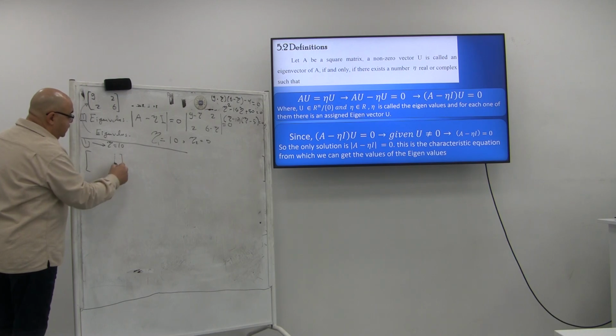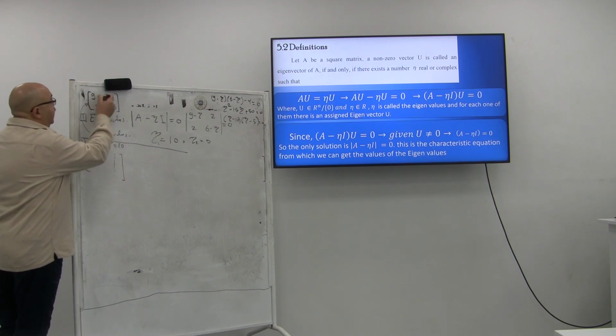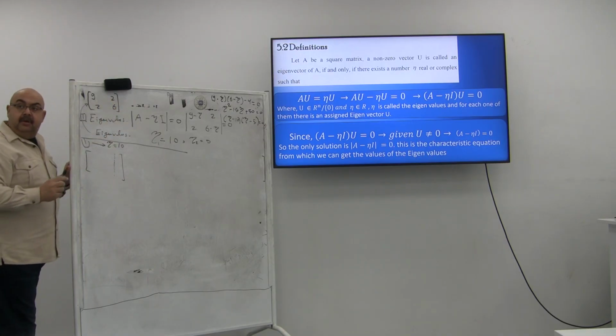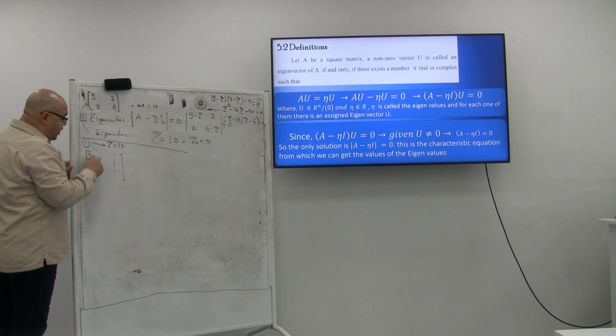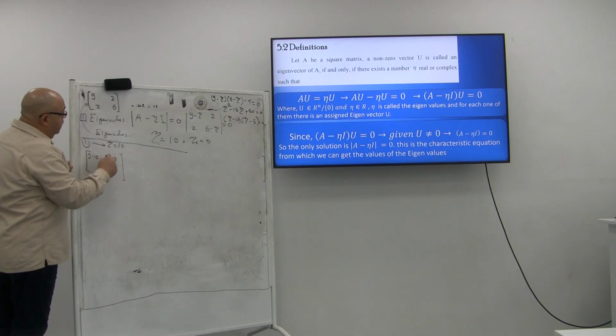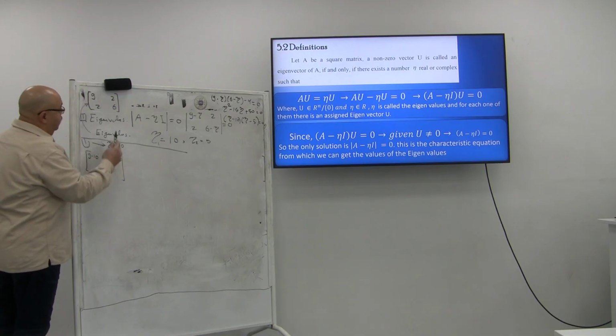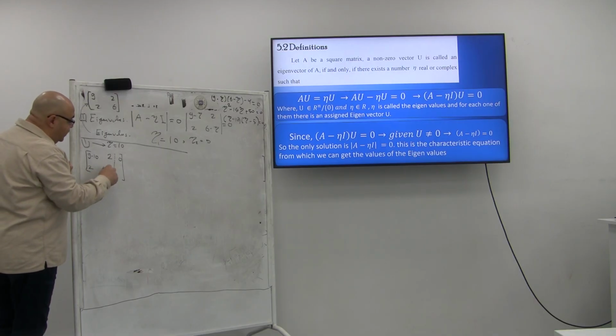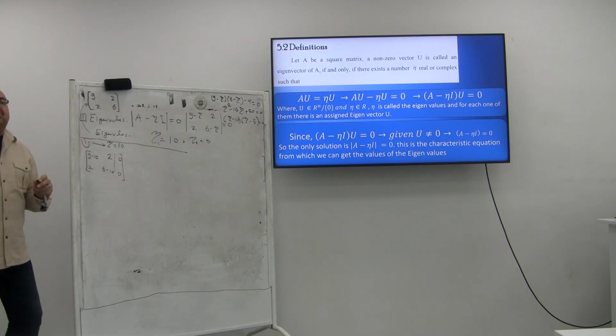This augmented matrix. And I will subtract the elements of eta from the principal diagonal. So simply, it's gonna be 9 minus 10. Then I will have 2 and 0. For the second row, Salma, it's gonna be 2. Then 6 minus 10 equal to 0. Any questions for this step?